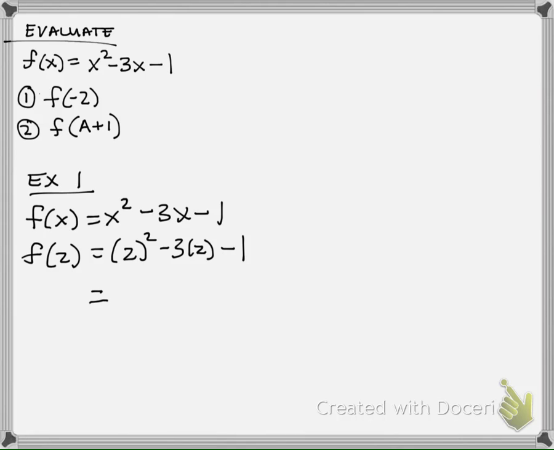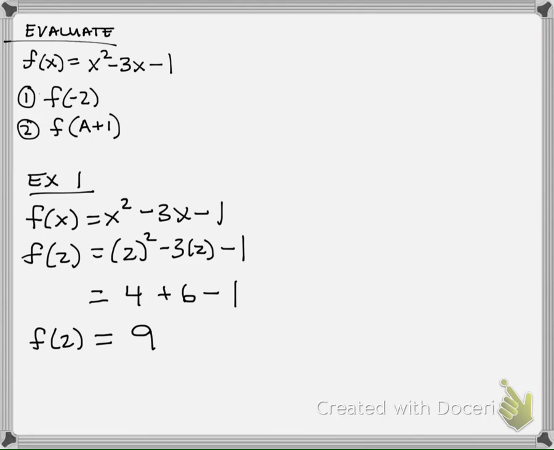So in evaluating this, we get 4 plus 6 minus 1, which ends up giving me a 9. So that says that f of negative 2 is 9. When I input a negative 2, the output is 9.